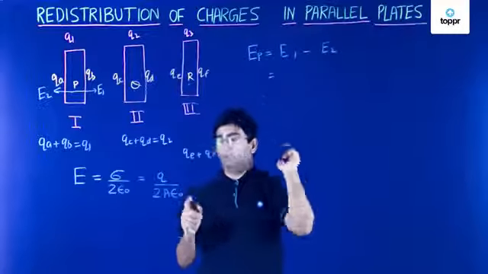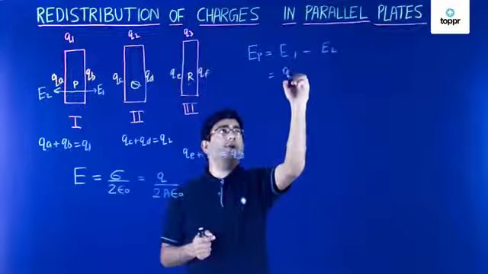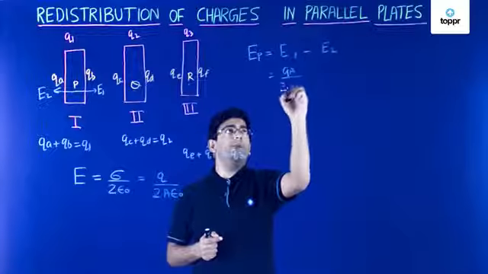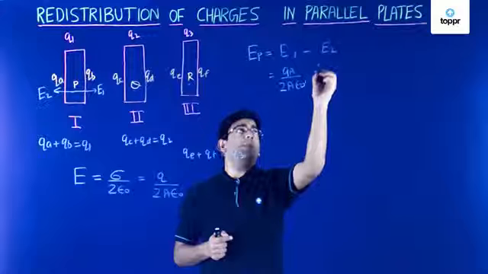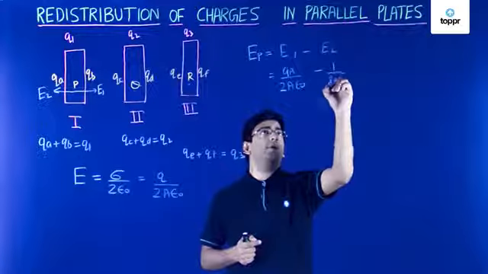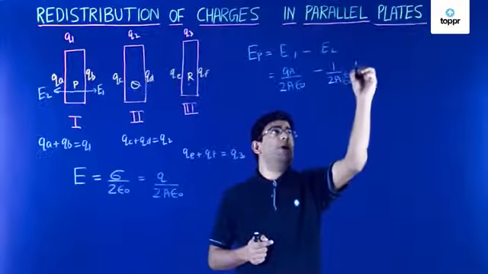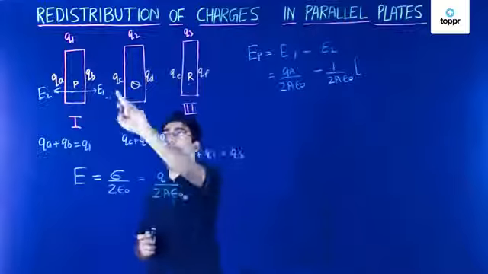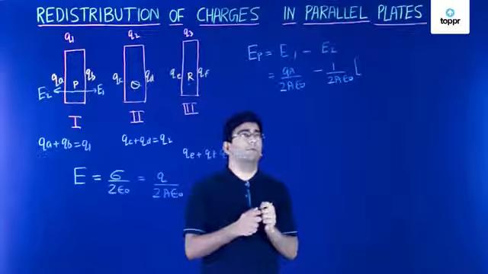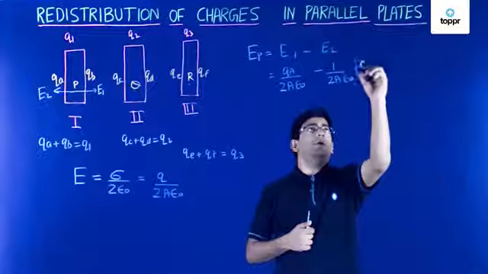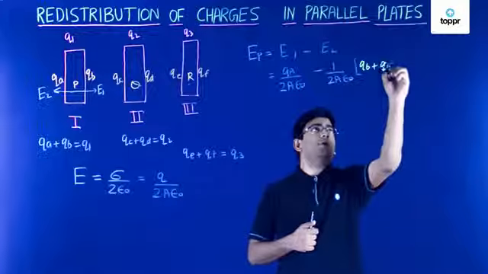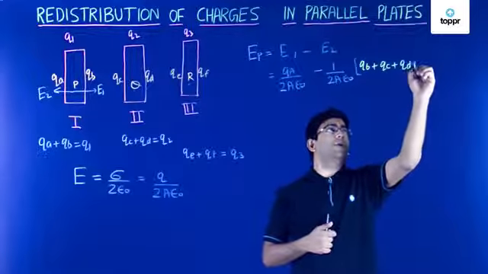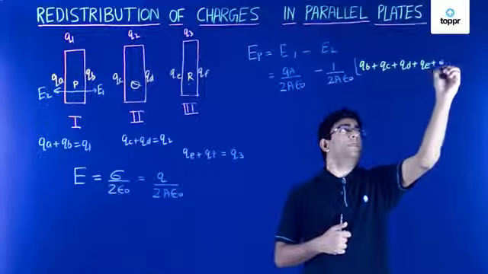So E1 would be basically written as QA divided by 2a epsilon naught, minus E2 can be written as 1 by 2a epsilon naught, and in the bracket we would be having the sum of all other charges, which is QB plus QC plus QD plus QE plus QF.